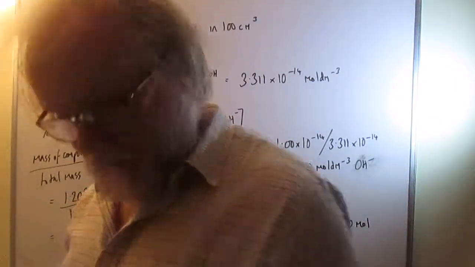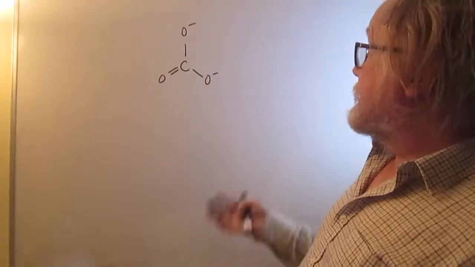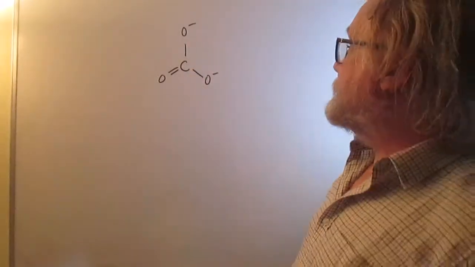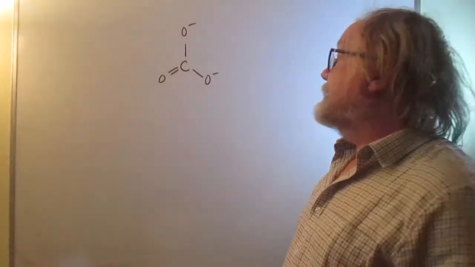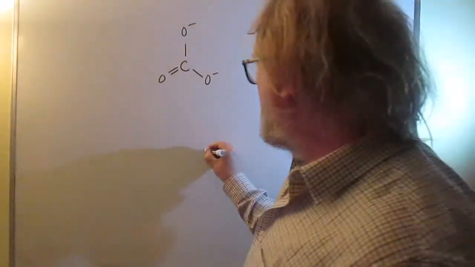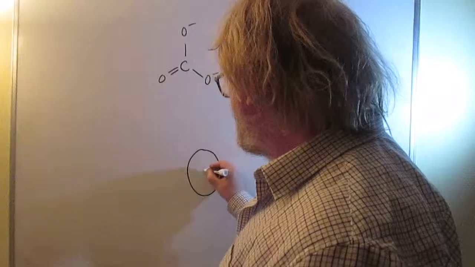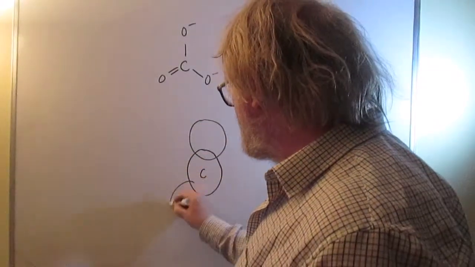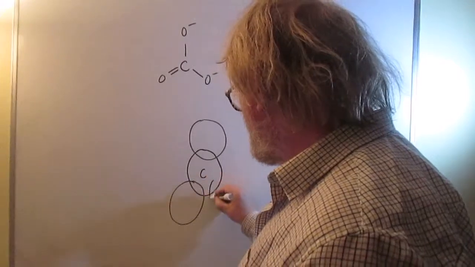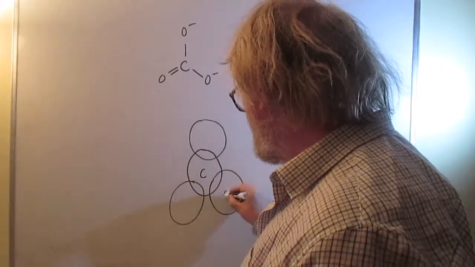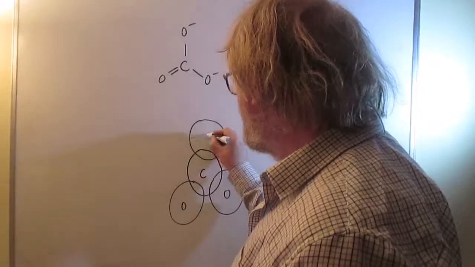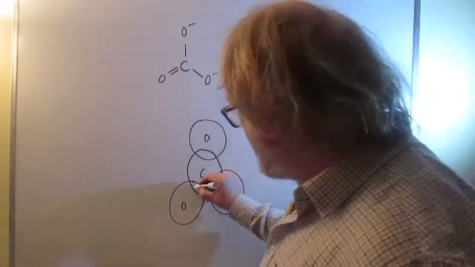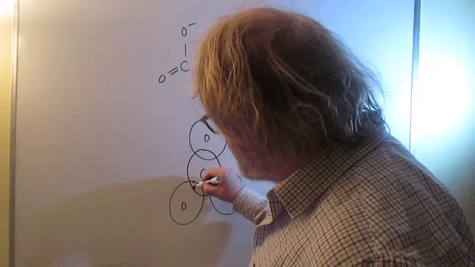3 significant figures. Okay, part C wants a dot and cross diagram for a carbonate ion, but they've made it quite easy because they've given you the displayed formula, and so that more or less gives you the answer. So you've got carbon in the middle, 3 oxygens around it, and on this corner we've got a double bond, so we know that's going to be 2 shared pairs.